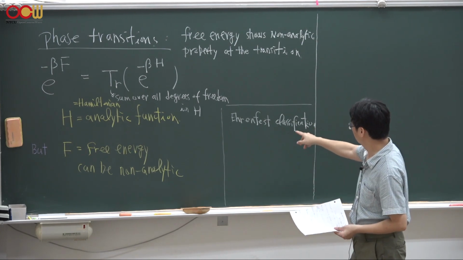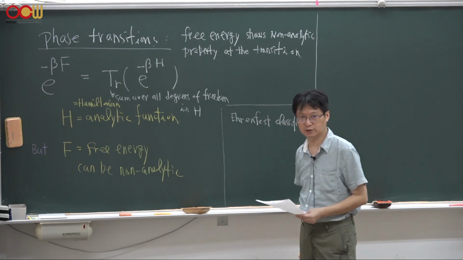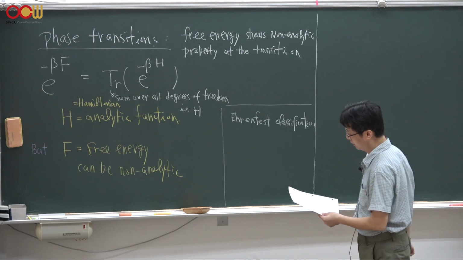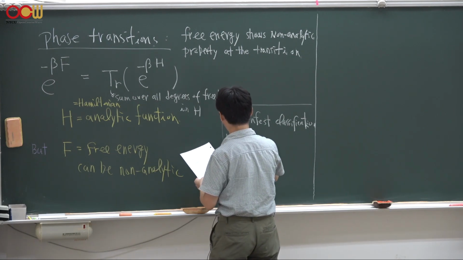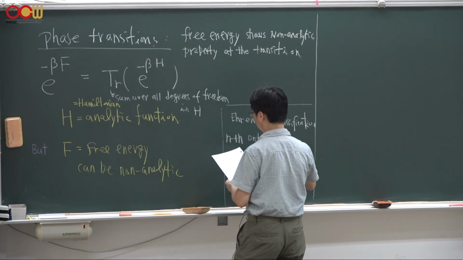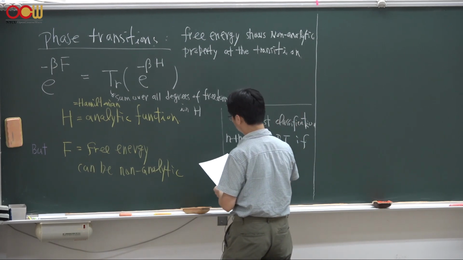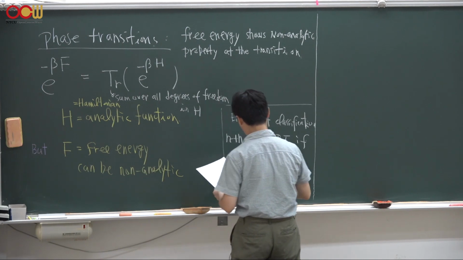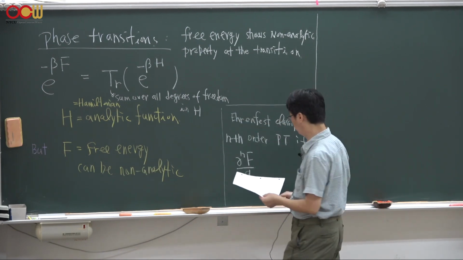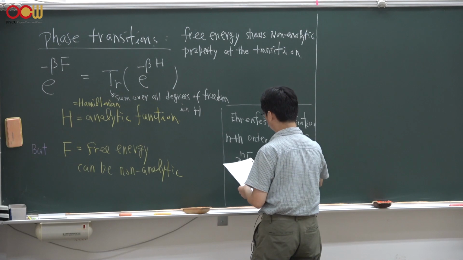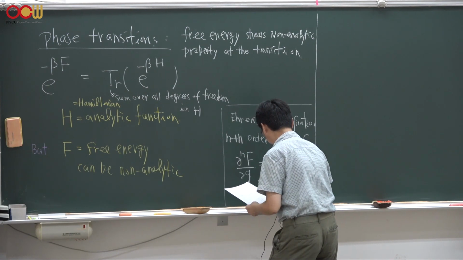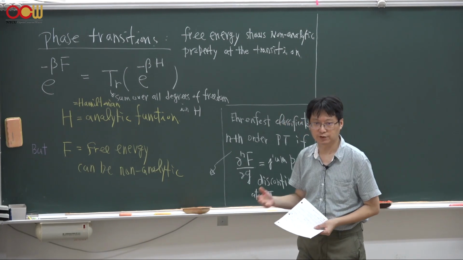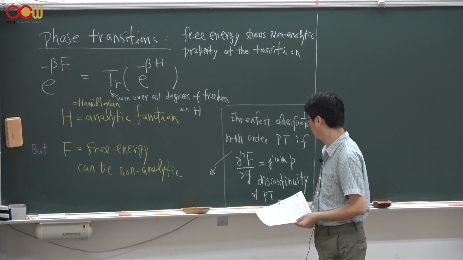So let me just remind you of the definition of first order and second order transitions. By the Ehrenfest classification, if we have an nth order phase transition, the nth derivative of the free energy with respect to the control parameter, or temperature, or tuning parameter g, has a jump, a discontinuity, at the transition. So this is a very rough definition of first order or second order transition.